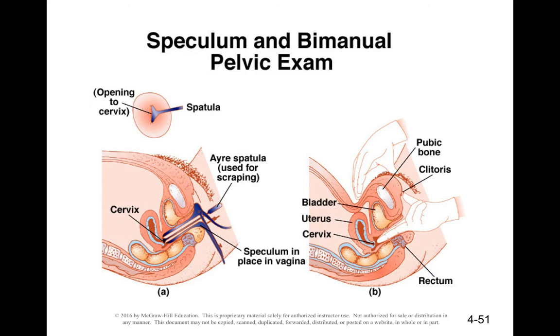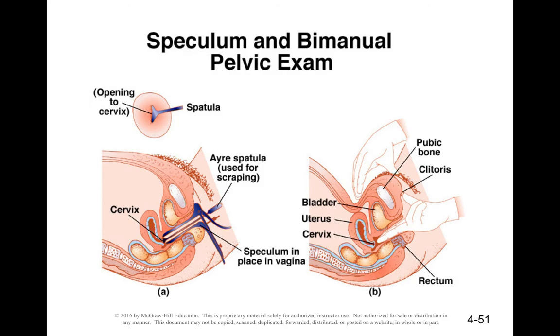Then they'll rest their other hand on the pubic bone and push down towards the uterus on either side to feel how the uterus feels, as well as feeling down towards the ovaries.